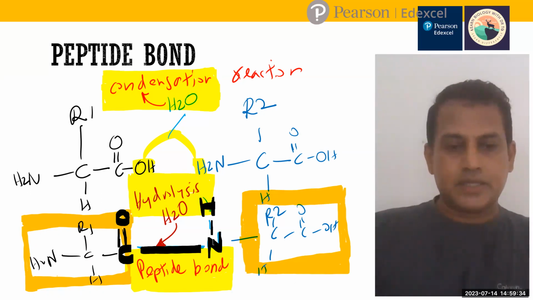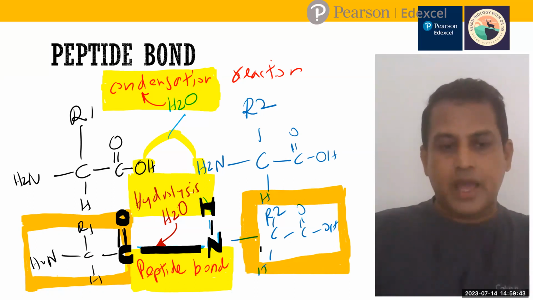So this is the peptide bond. This side we have one amino acid. This side we also have one amino acid. And we can also break this peptide bond, which is called hydrolysis. Just adding a molecule of water, we can break this bond.